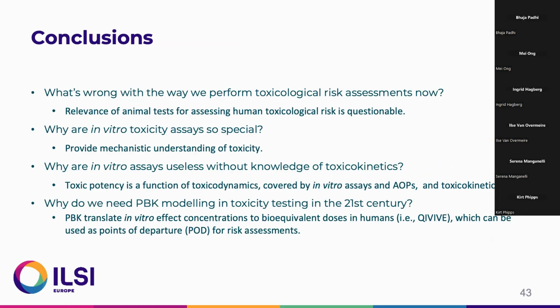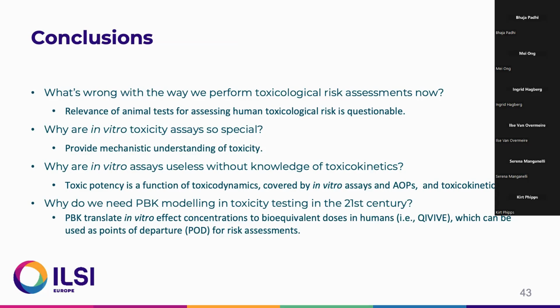Well, they can provide us some of the mechanistic understanding of toxicity, but they are arguably useless if we don't translate these concentrations into doses. So the toxic potency is obviously a function of both the toxicodynamics, which these in vitro assays could help elucidate, but also toxicokinetics.